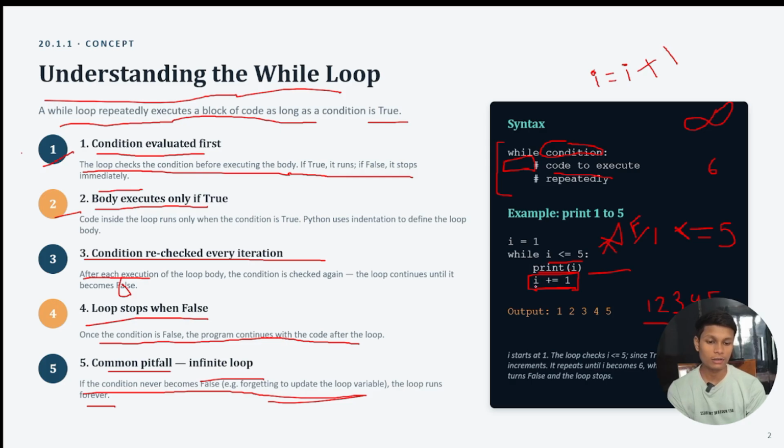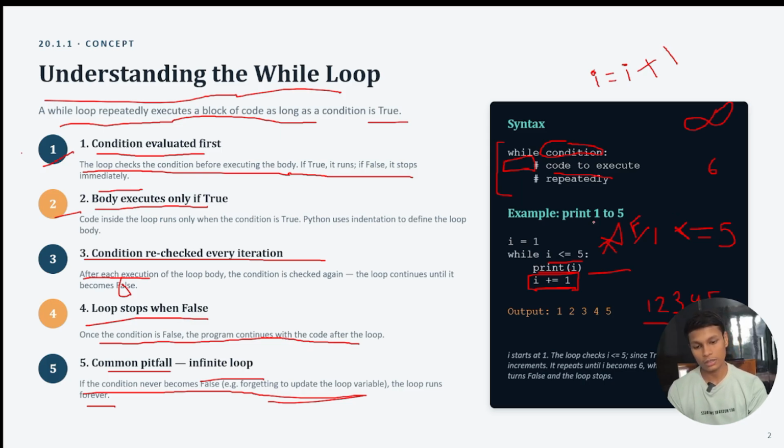Okay, so make sure that you write the condition so that it will become false. If this line was missing, it would become an infinite loop, because if the value of I does not increase, I starts at 1, 1 is less than or equal to 5, true, I will be printed. Then again check 1 is less than or equal to 5, true, printed, true, printed, true, printed. Then it will run infinite times.